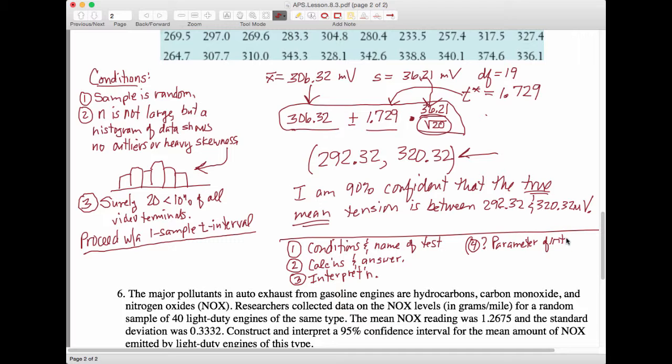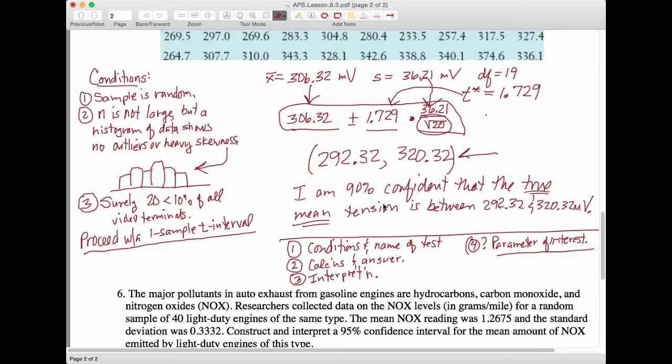And the reason I don't really think that's a big deal is because if you do a decent job like we have been trying to do, the parameter of interest is going to be written down in here in at least one place. Most of the time it's going to be clearly written right here at the end that you were searching for, you were estimating the true mean tension of these video terminals.